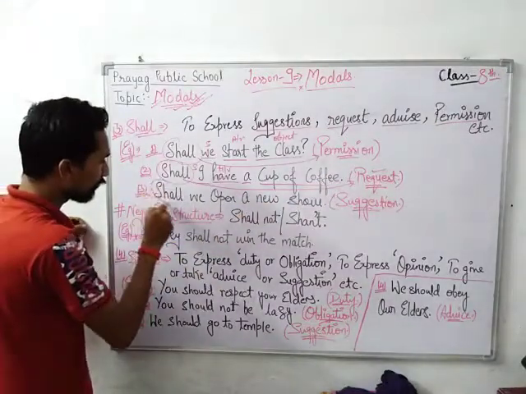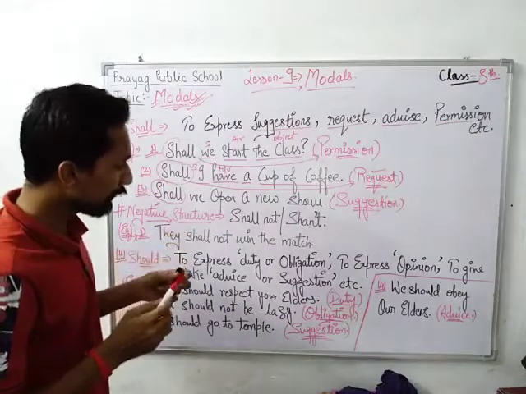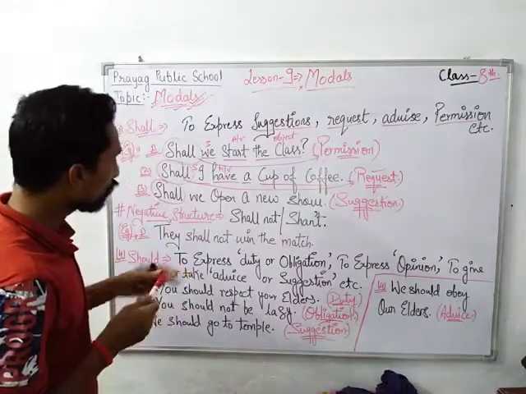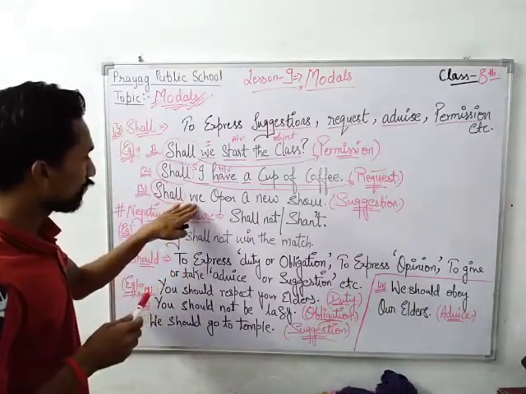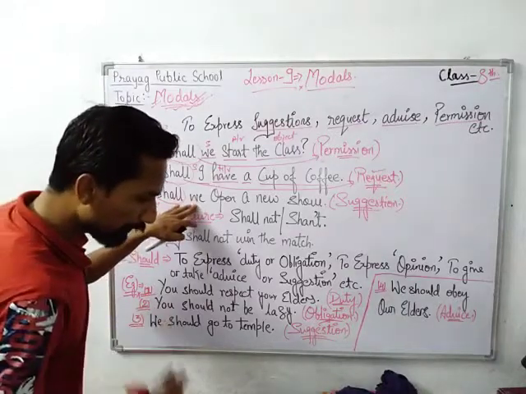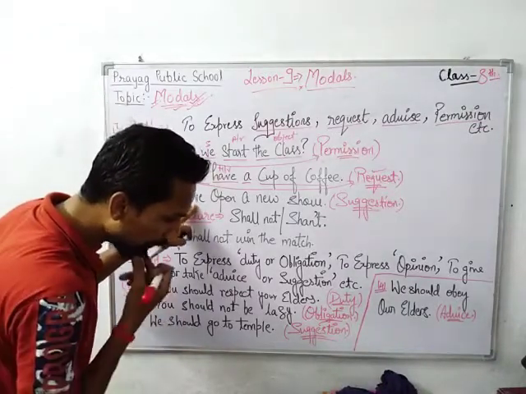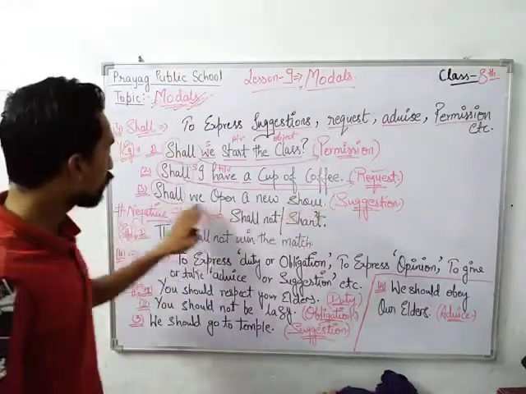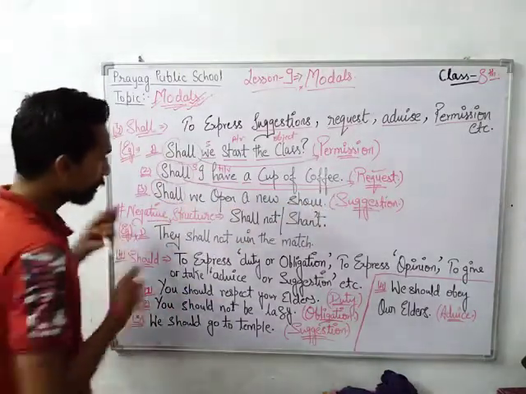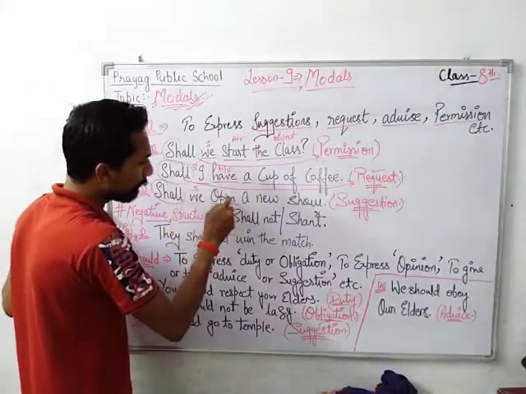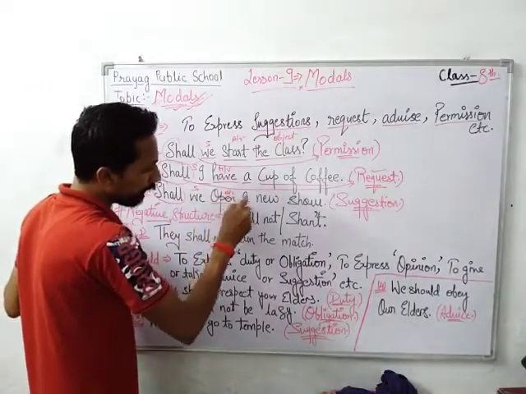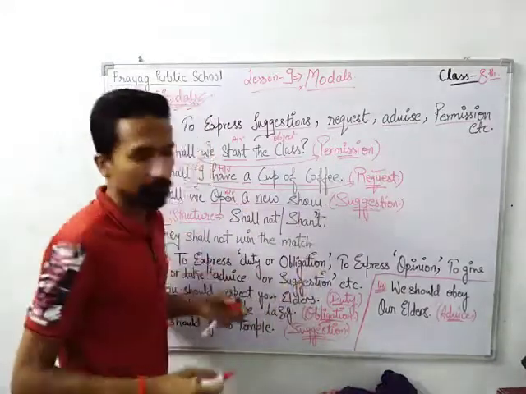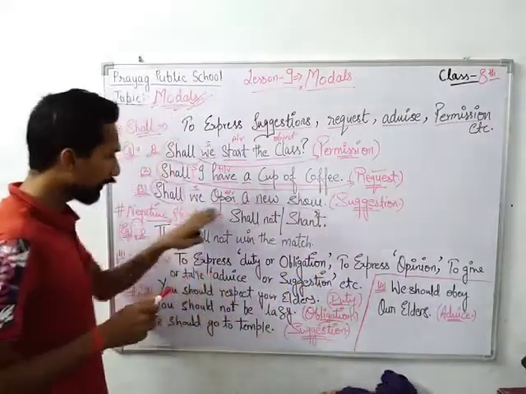Shall we open a new shop? So over here we is the subject, open is the action verb, a is an article, new shop is again an object, right? So shall we open a new shop?